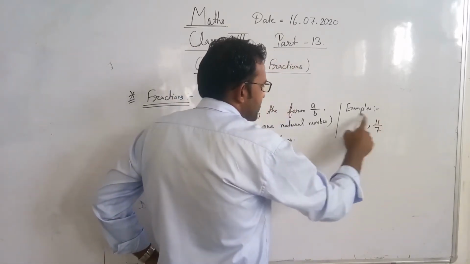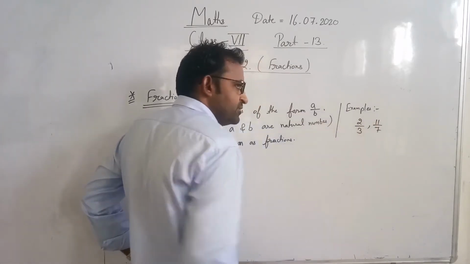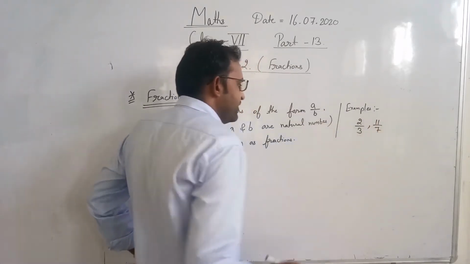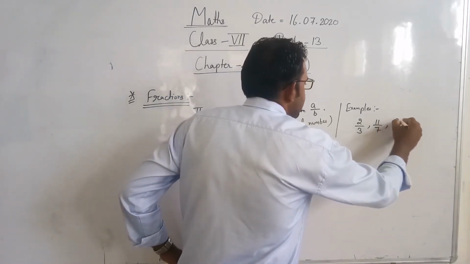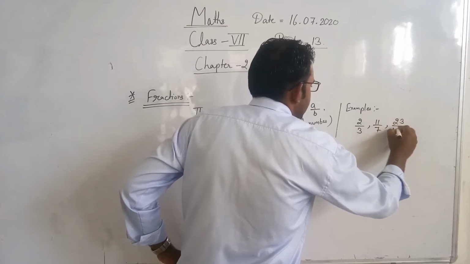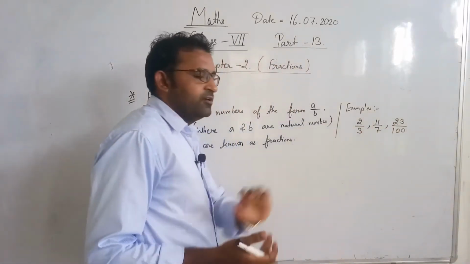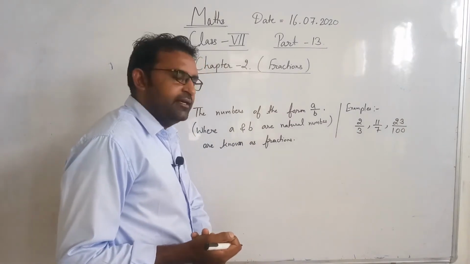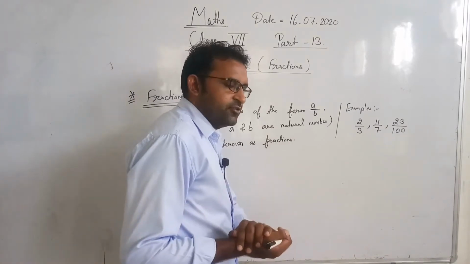So A equals 11 and B equals 7, and 11 and 7 are both natural numbers. Next, 23 upon 100. So A equals 23 and B equals 100. 23 and 100 are both natural numbers.